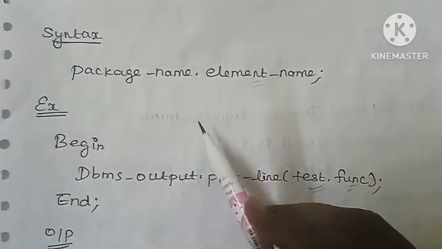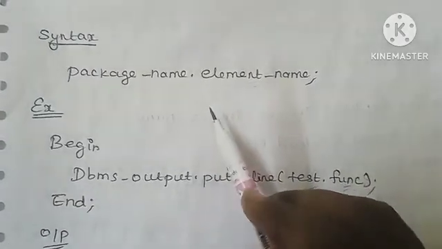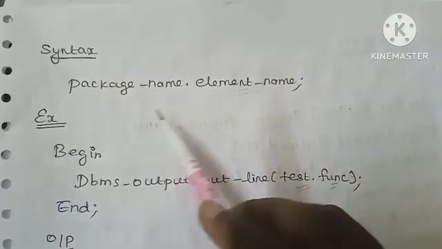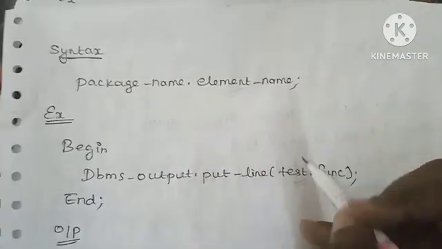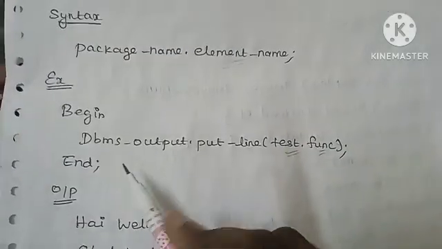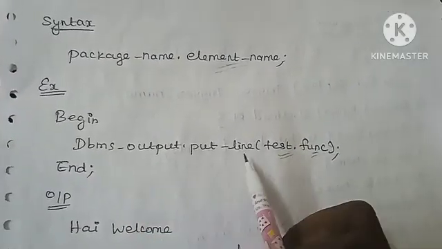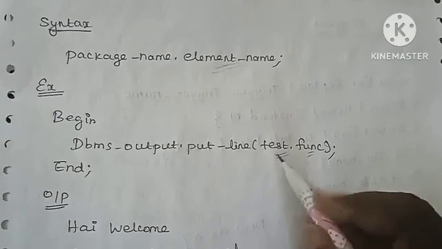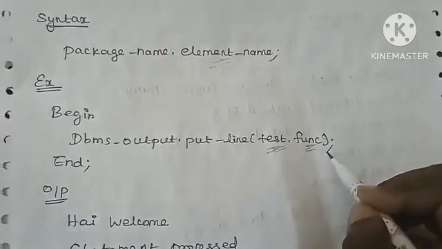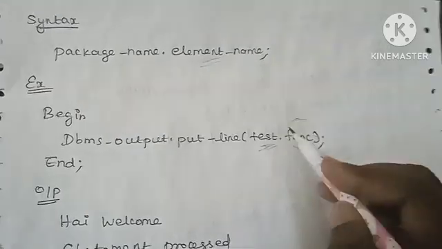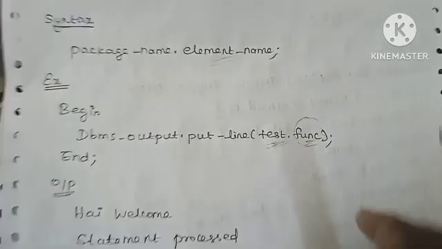This is the syntax for accessing a package value: package name dot element name. Here the element name is the function name. For example, DBMS_OUTPUT.PUT_LINE of test, which is our package name, and then func is our function name.